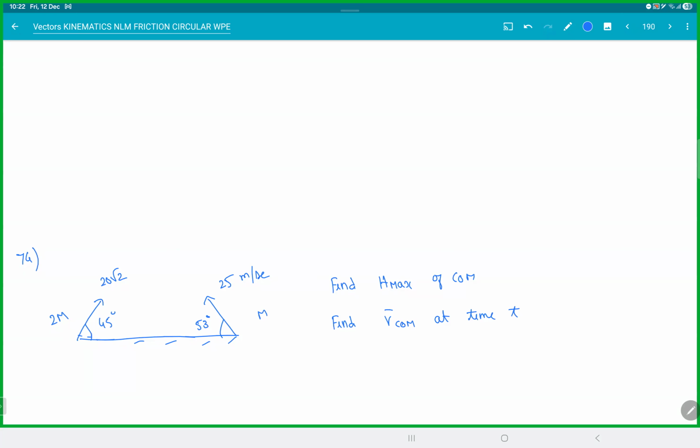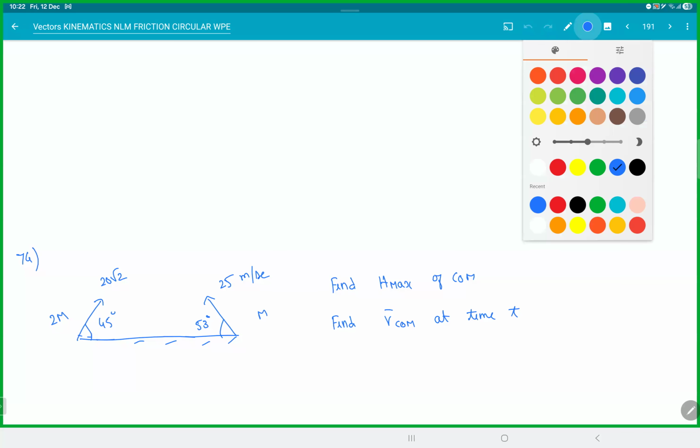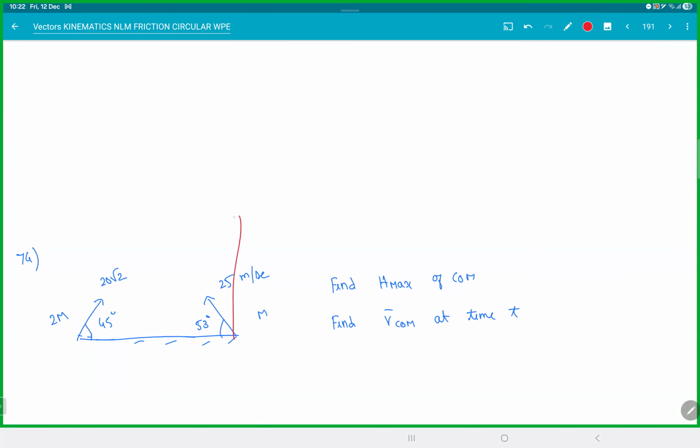How to do this thing? Now, be careful, it could be a mistake. Generally, people think when this goes to Hmax and when this goes to Hmax, then it will be the Hmax. Not true. There's no guarantee both of them will reach their Hmax at the same time.